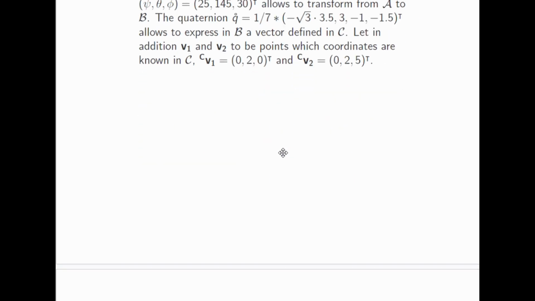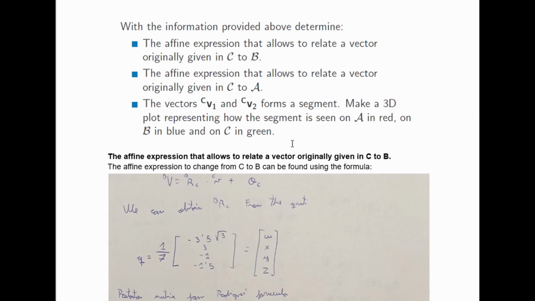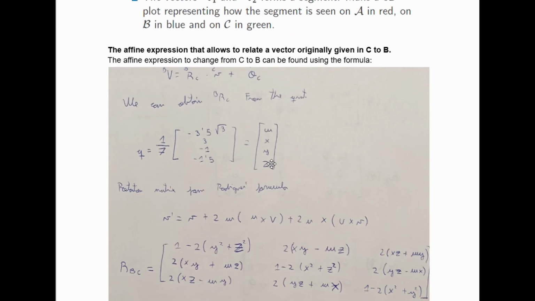On the second exercise, it's asking us to find the affine expression that allows us to convert points from the frame C to the frame B. To do that, we obtain the rotation matrix from the quaternion we've been given by the exercise.